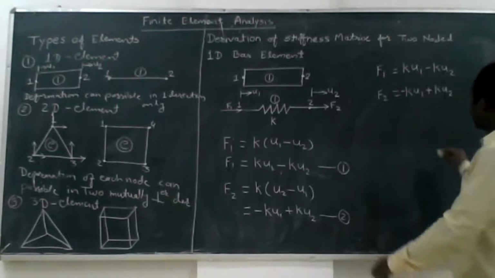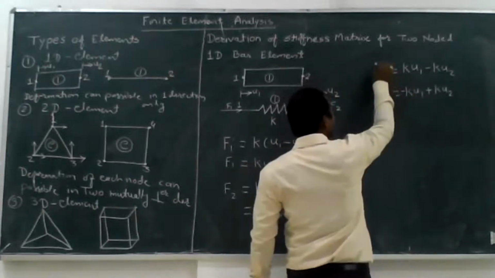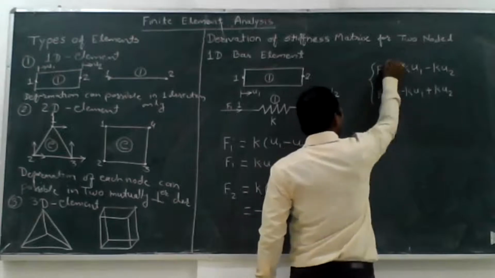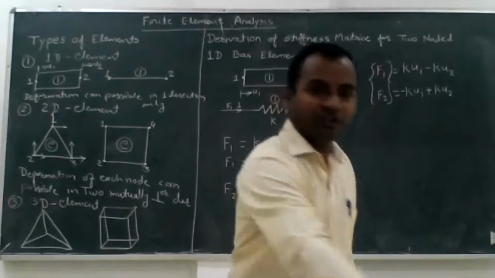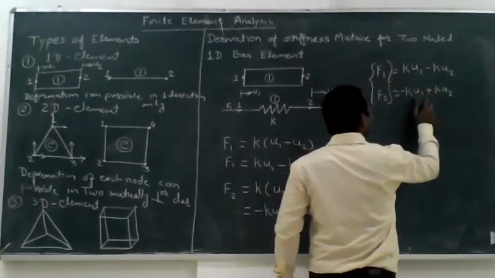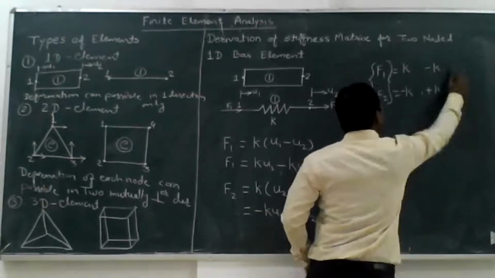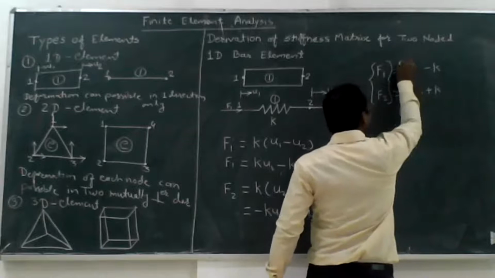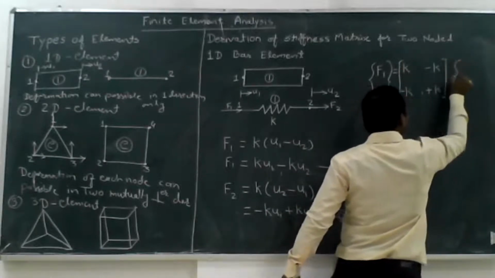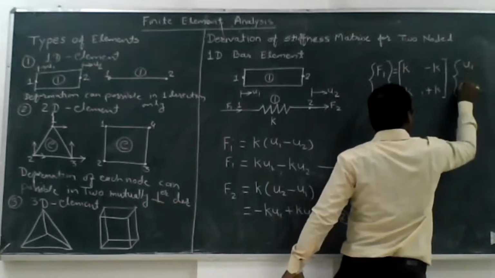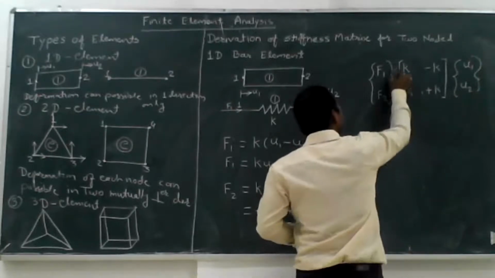I want to write these equations in the form of a matrix, so I combine the equations in matrix form. This will be the force matrix. If I remove the displacement terms from this matrix, these are the displacement terms, so it is K, minus K, minus K, K, multiplied with the displacement U1 and U2.